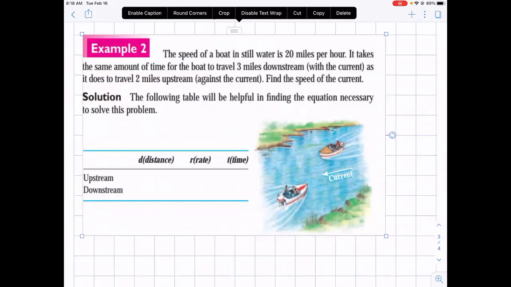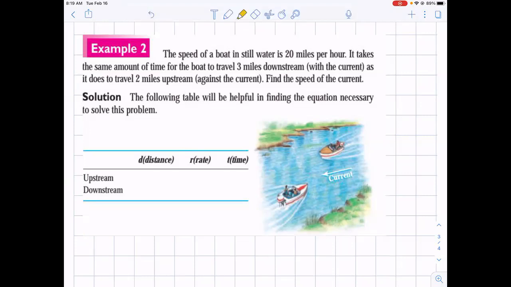So here's my second example. The speed of a boat in still water is 20 miles per hour. And still water just means that the water is not moving. There is no movement in the water.